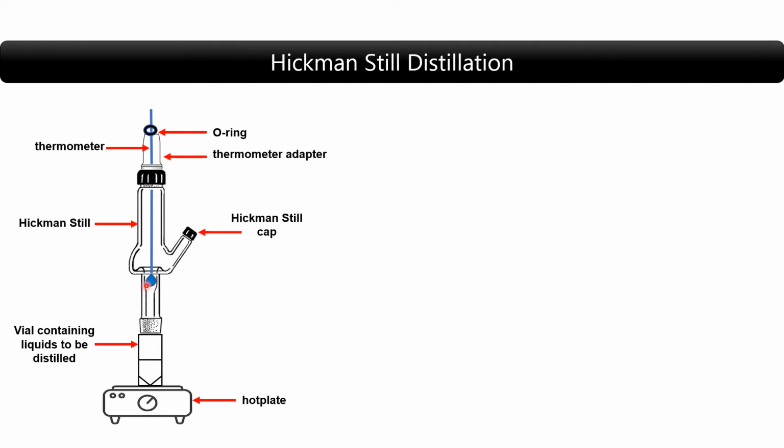It is very important to have the thermometer bulb placed just below these grooves of the Hickman-Still, because we are able to measure the accurate temperature of the hot vapors by placing the thermometer bulb at that position.